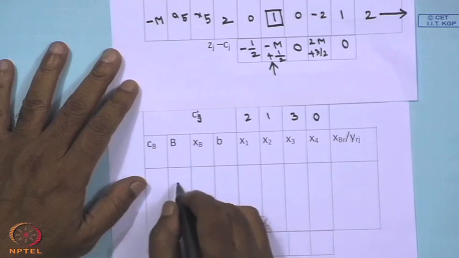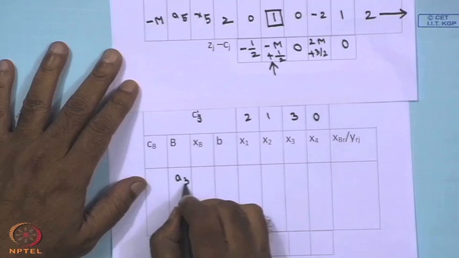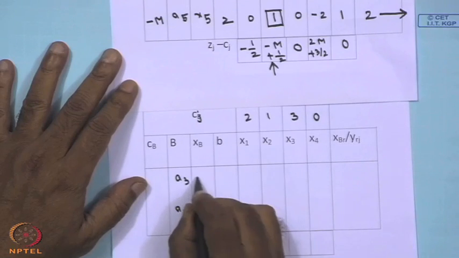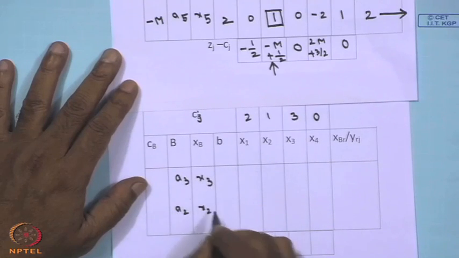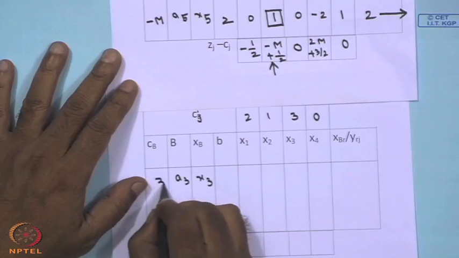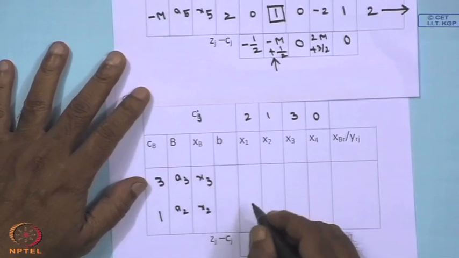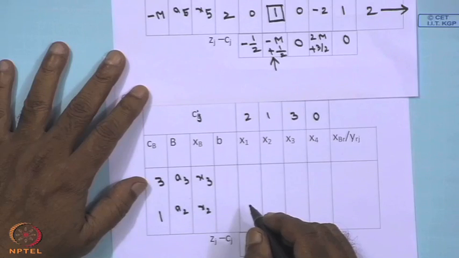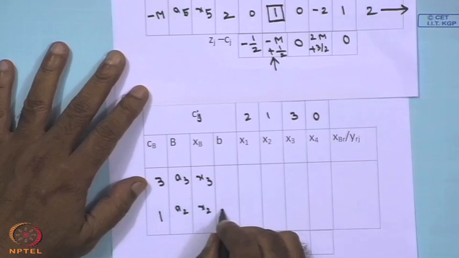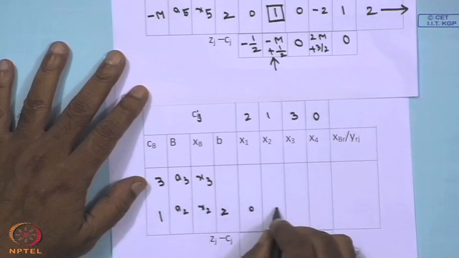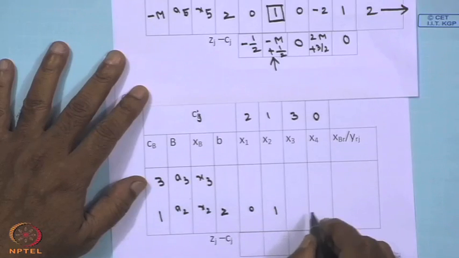Now here your basis will be A 3 and A 2, that is x 3 and x 2, corresponding to 3 and 1. Now it is a routine matter; as usual you have to do it. This column will remain the same, because 1 was the pivot, 0 minus 2.